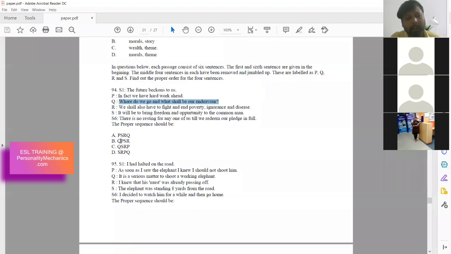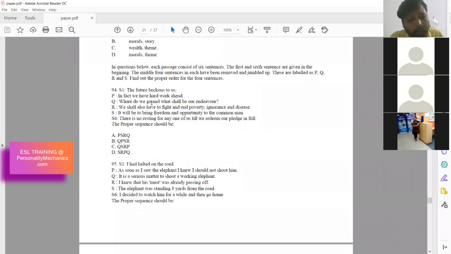So talking about this is sorted. Next is what is going to be the next sentence. So we shall also fight, so also cannot be the idea. In fact, we have hard work ahead. We don't know which is the time that they're talking about. Now this one, that is it will be to bring freedom and opportunity to the common man.